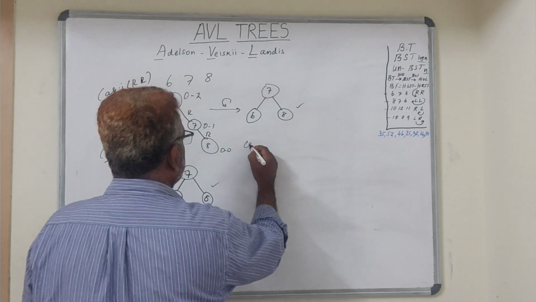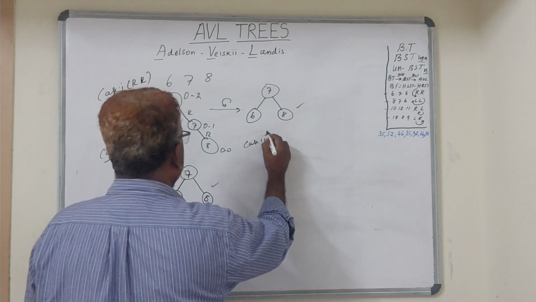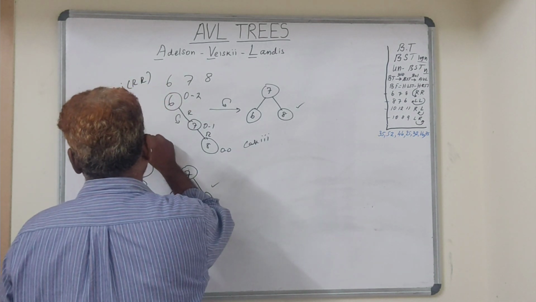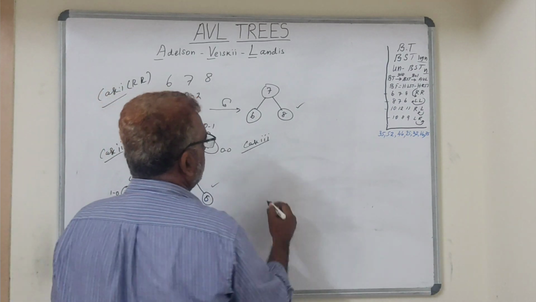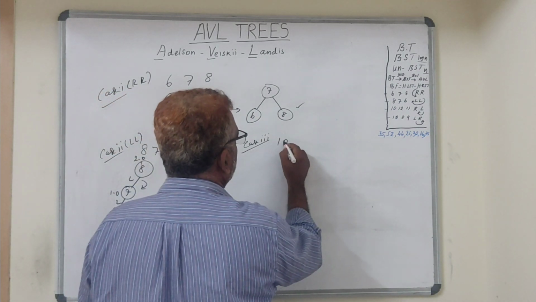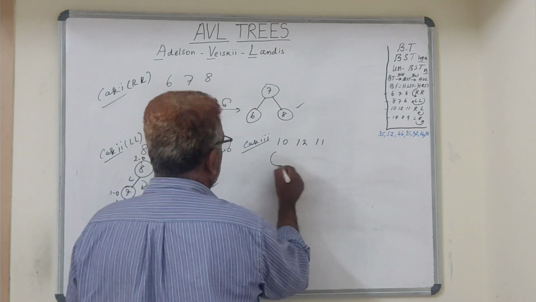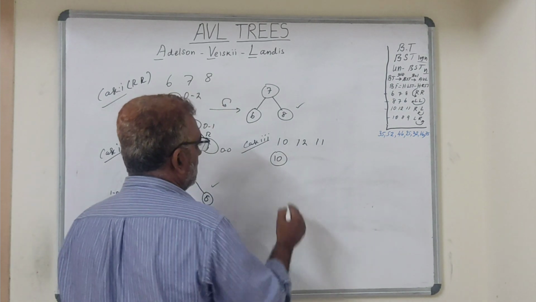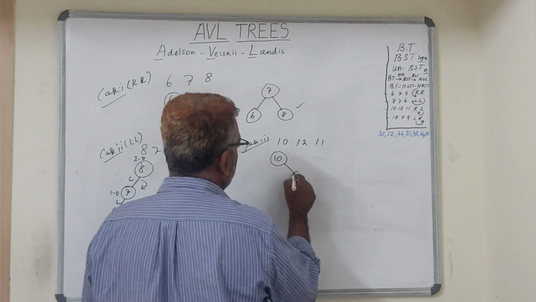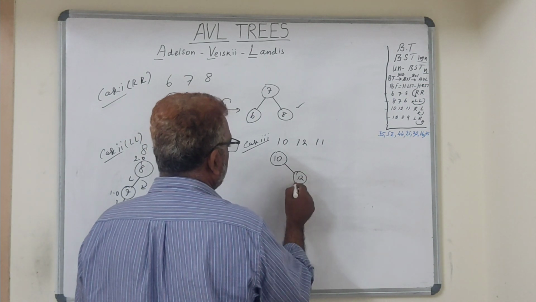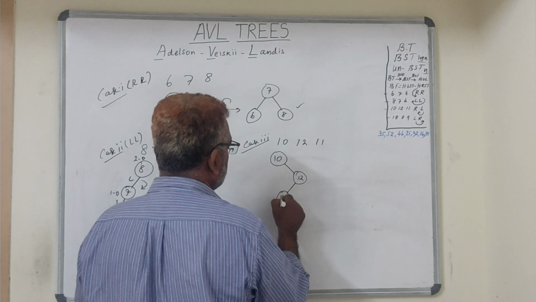Similarly, case 3. I take the data 10, 12, 11. Start from 10, and 12 is a greater value, but the next value 11 is a smaller value.